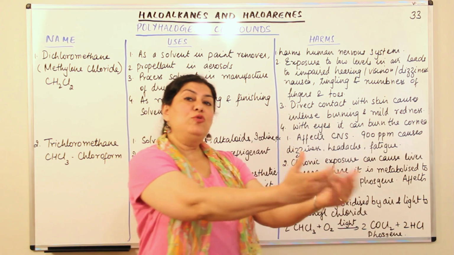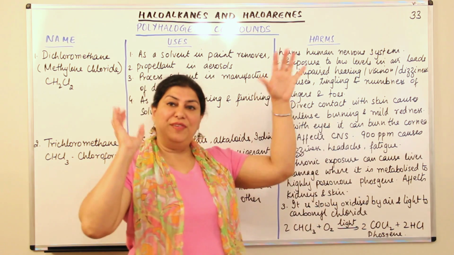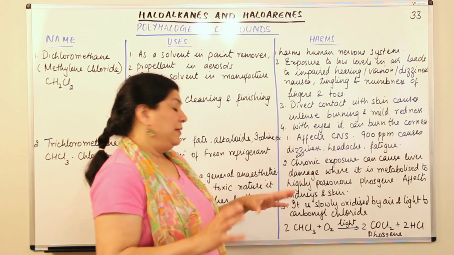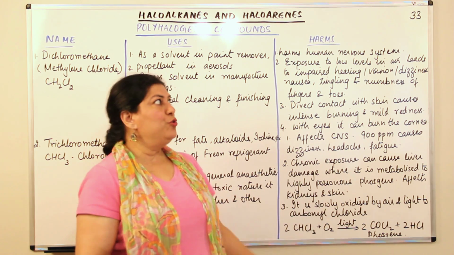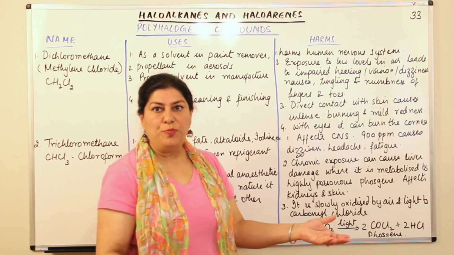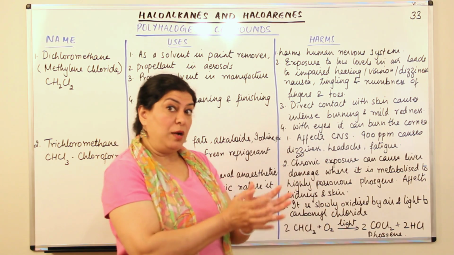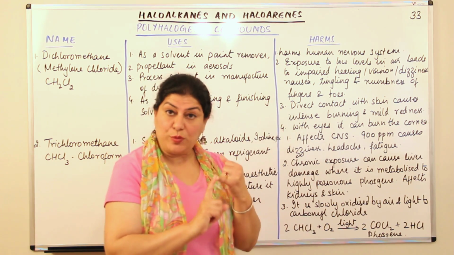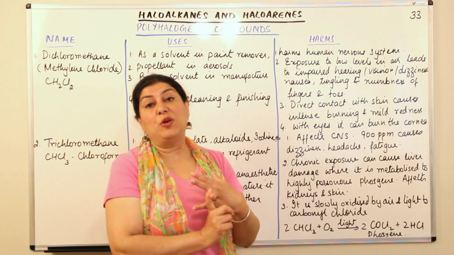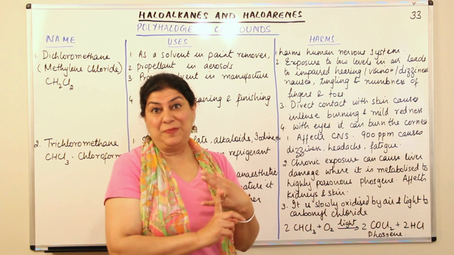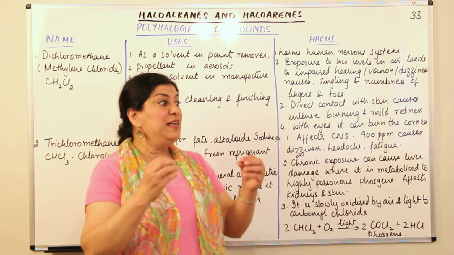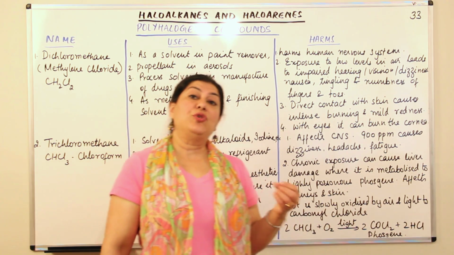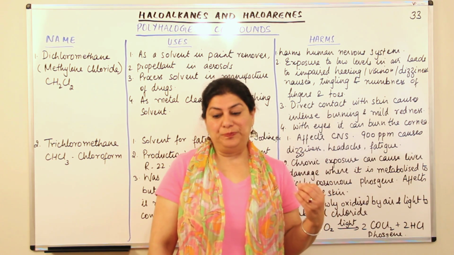And if you leave it out in the air, in the presence of light and air, it can get oxidized to phosgene on its own. Therefore, you cannot even leave it out in the open. It has to be kept in a dark bottle because you do not want it to react with air. You do not want it to come in contact with light. If it does, it would produce phosgene, which would be toxic. Even in very little quantities, it is going to have a toxic effect on you.